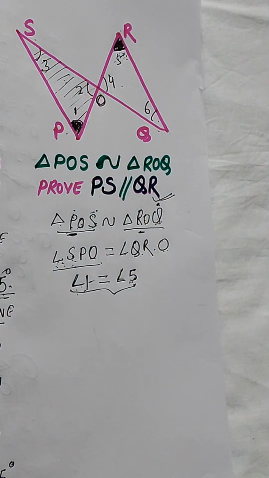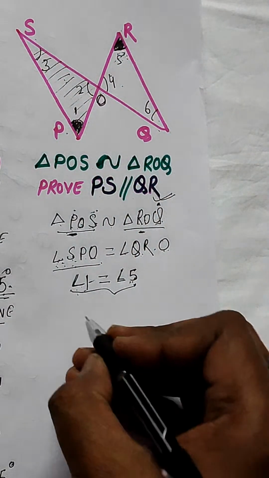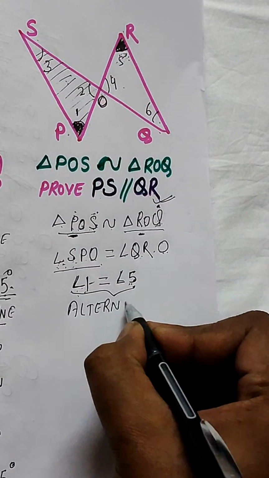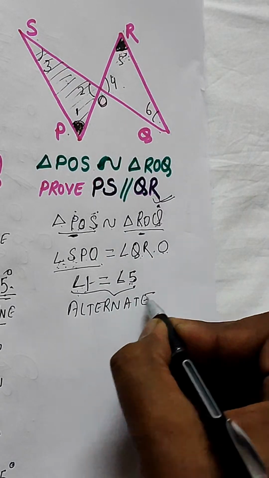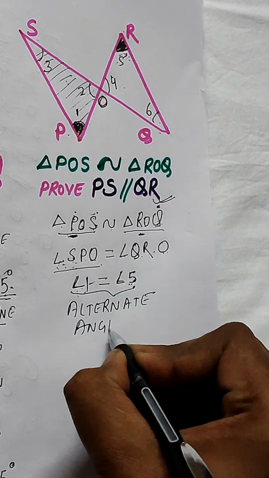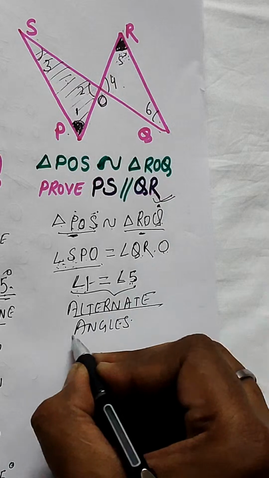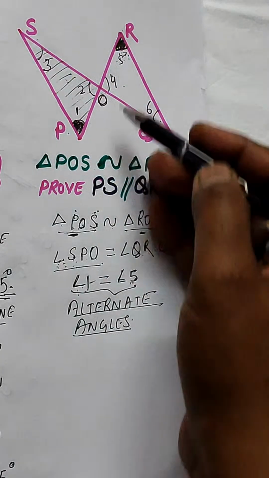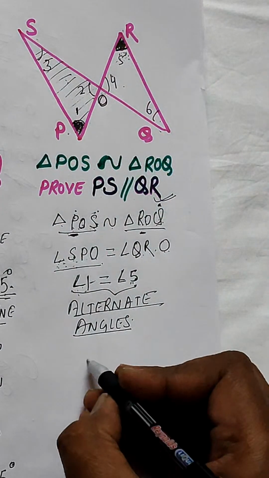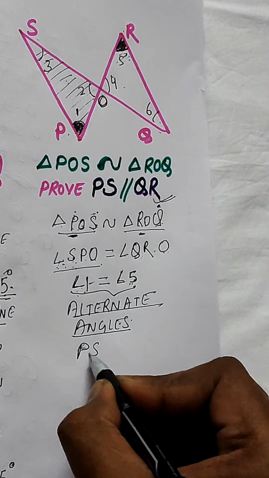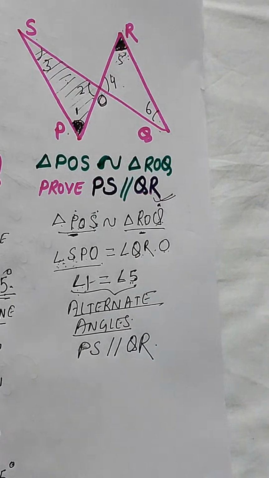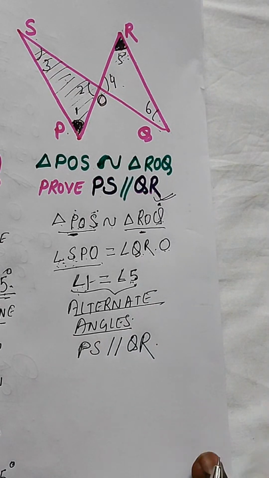So these are the alternate angles. This proved that if these two are alternate angles, and PR is the transversal, then we can say that PS is parallel to QR, which is required to be proved, right?